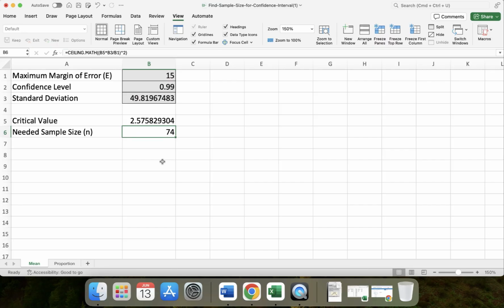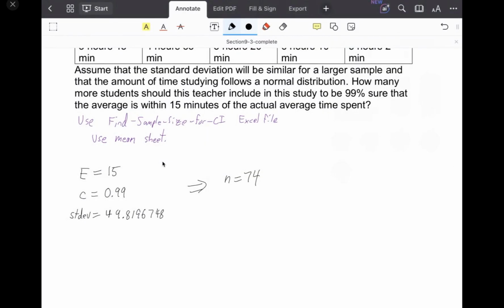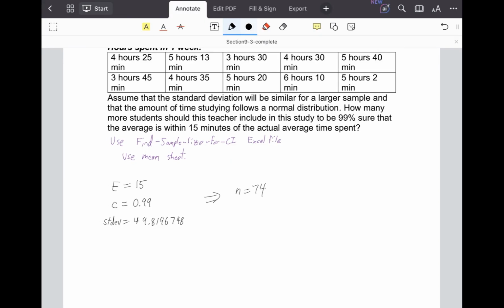So let me show you what I was writing down. Okay, and let me just make arrows here. Done in Excel.